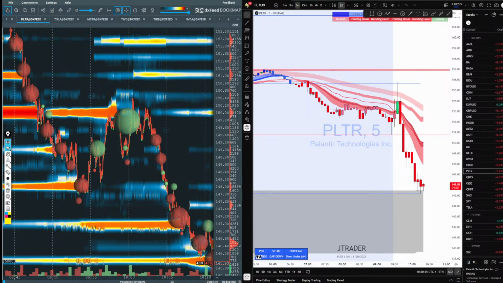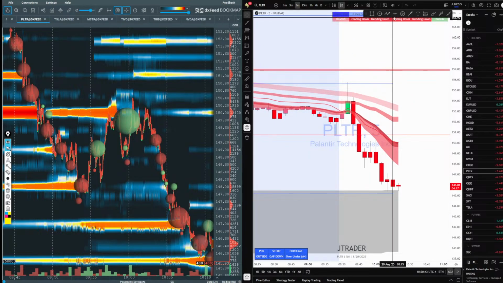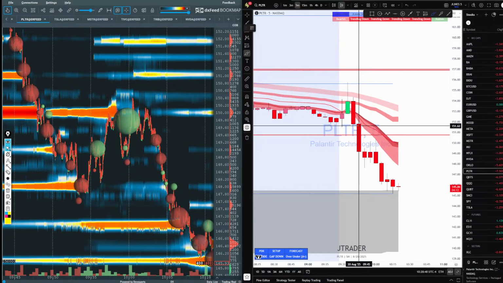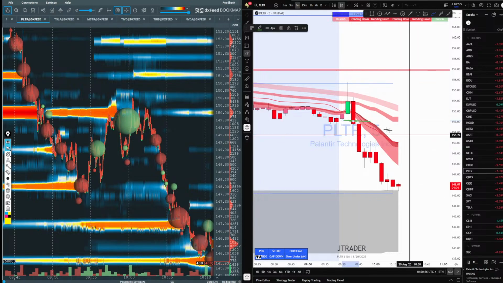Yes, exactly, buddy. Imagine this. The hotkeys that I have on DAS, I have an entry short over here, and the system gives me an entry.